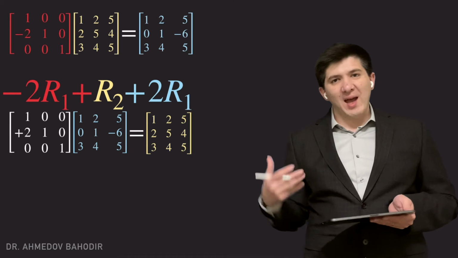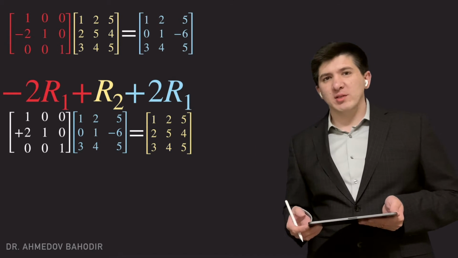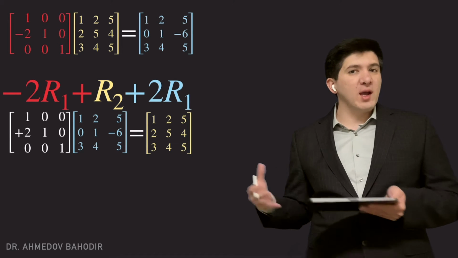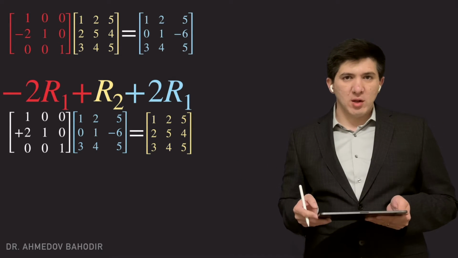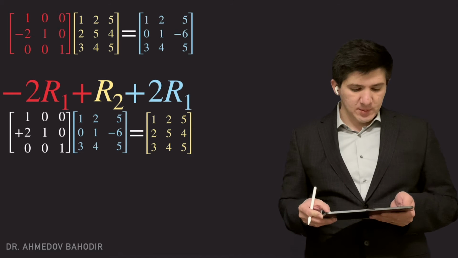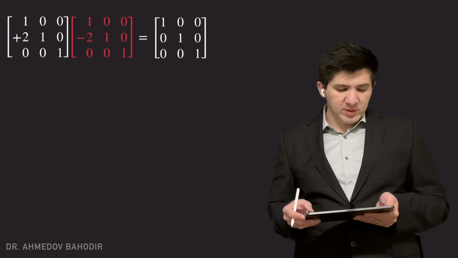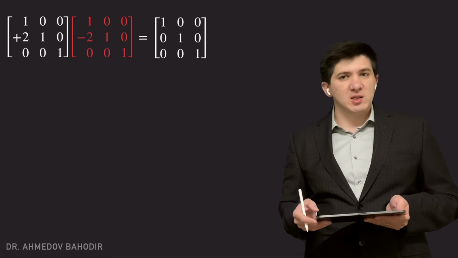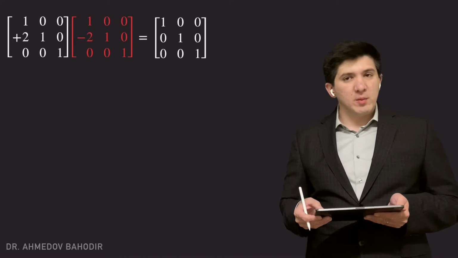So you see, getting the inverse from the lower triangular matrices is not so difficult, right? You just need to understand what kind of operations those lower triangular matrices do. Essentially, these two matrices are inverses, and we can quickly check them by multiplying them. It is going to be equal to the identity matrix.